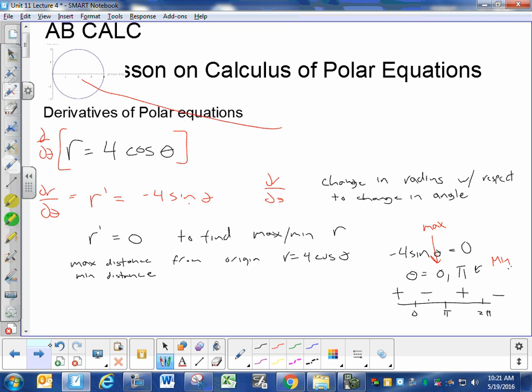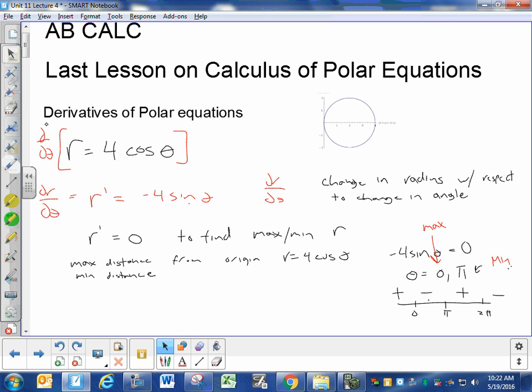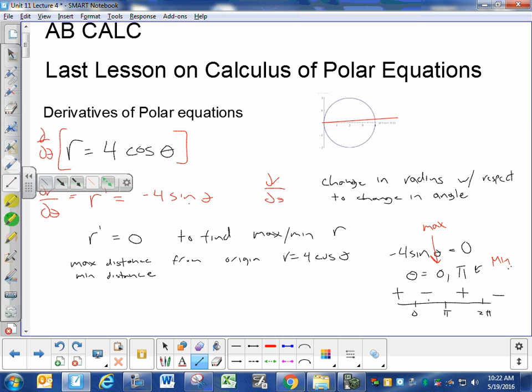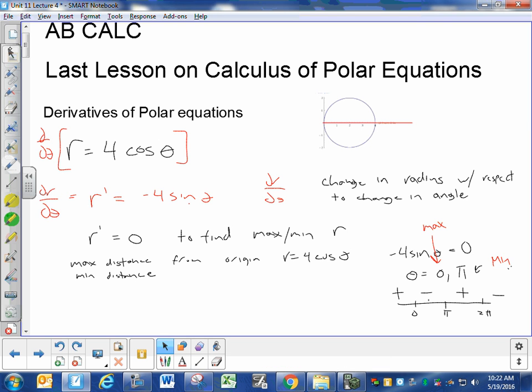If I go around the circle with my angle so that I can plot points, here's 0. The min distance appears to be 0, but what location is that? Grab it. There it is. That actually is at pi over 2. When r is 0, that's pi over 2.